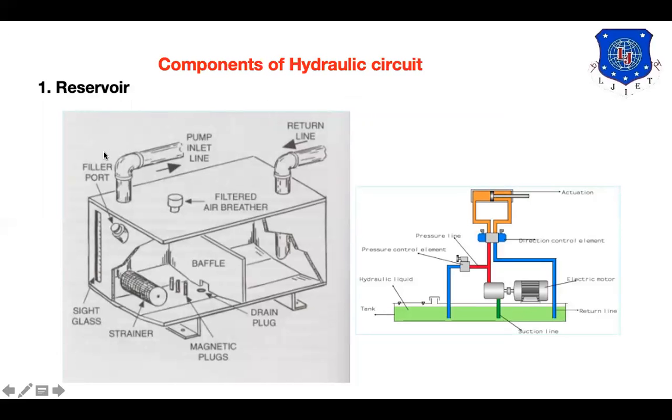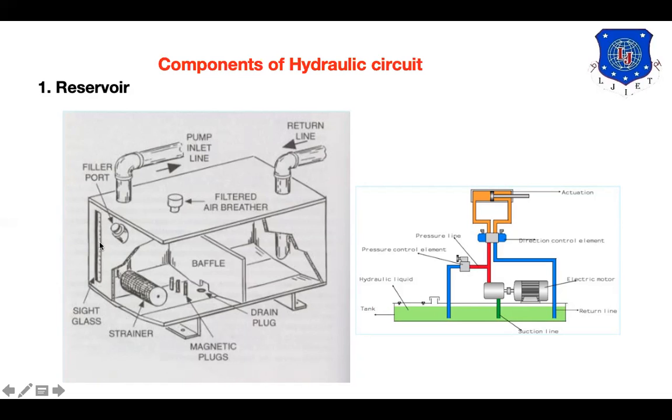Now let us understand in detail the first element, that is the reservoir. A reservoir is normally a cylindrical or rectangular element in which liquid can be stored. But when we observe the cross section of the reservoir, inside it we have baffle plates and a side glass.